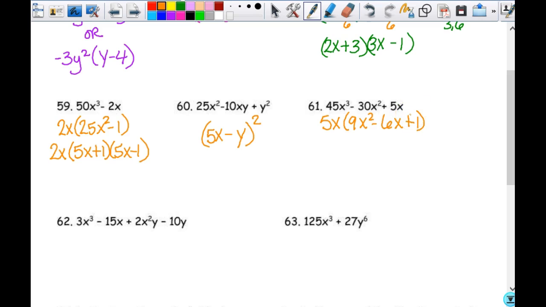So negative 2 times a times b here, then I get the negative 6. So I get 5x times 3x minus 1, squared. There's your perfect square.